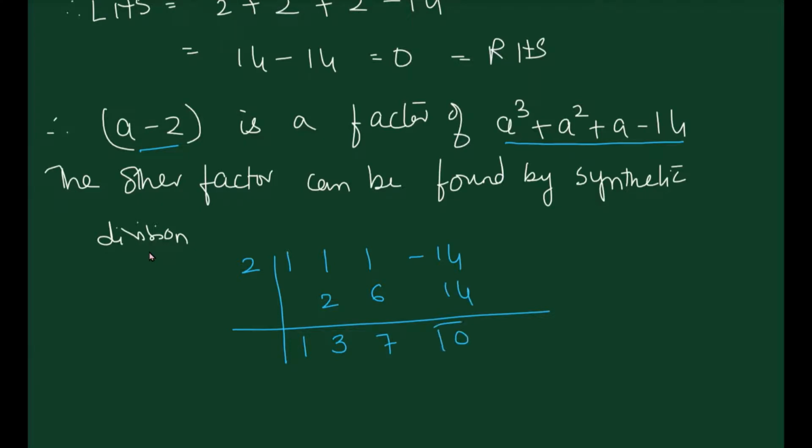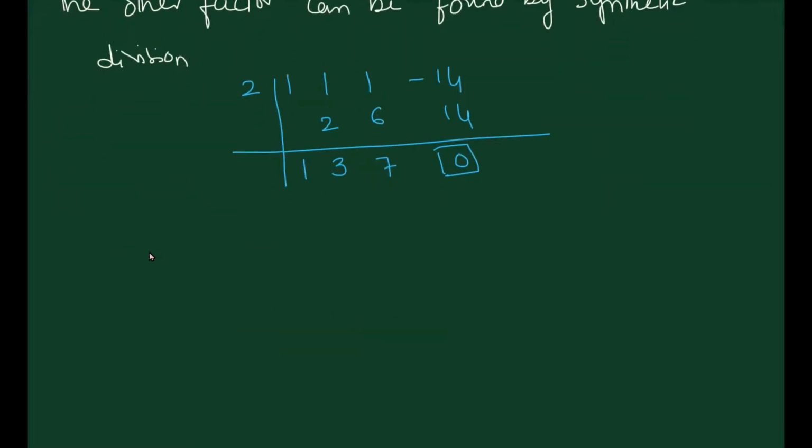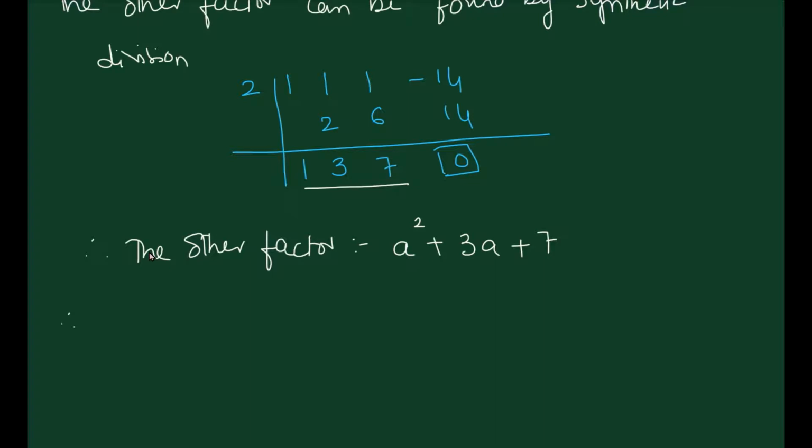Hopefully remember the method. This becomes a reminder, and therefore the other factor becomes, now from this expression we get a square plus 3a plus 7, and therefore the given factor can be written as, the given expression we write it as a minus 2 into a square plus 3a plus 7, which is equal to 0.